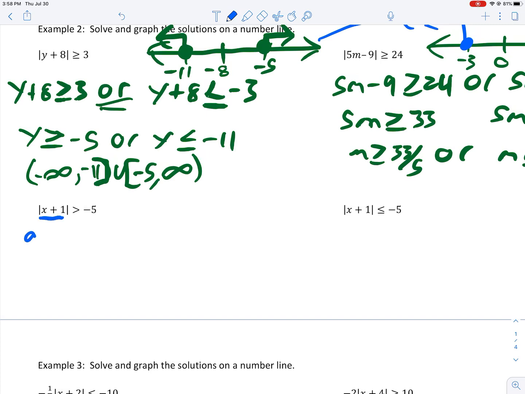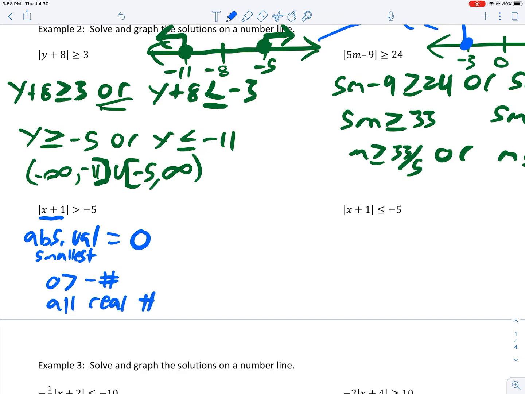Every single number you plug in here for x is going to be greater than negative 5, because the smallest absolute value can equal is 0. Well, 0 is greater than every negative number. So this is actually all real numbers.